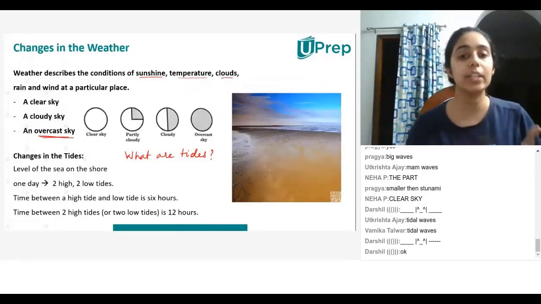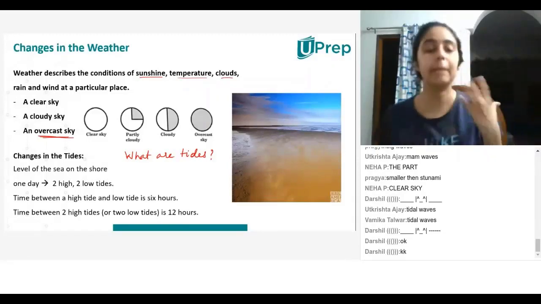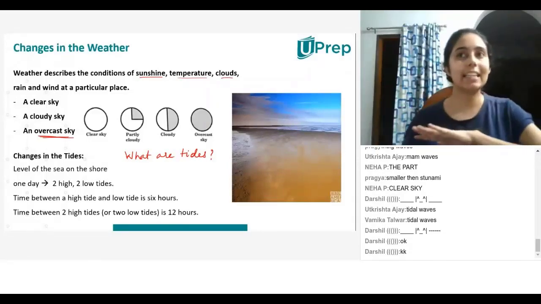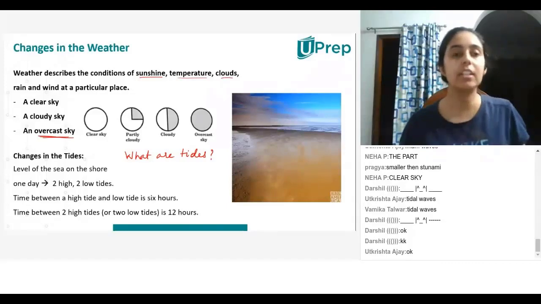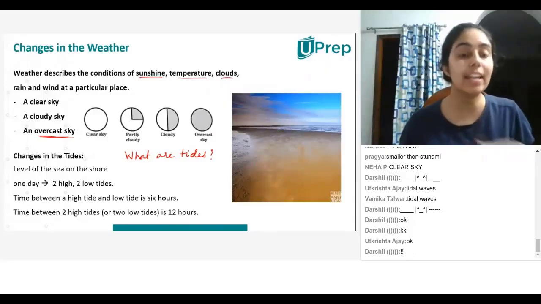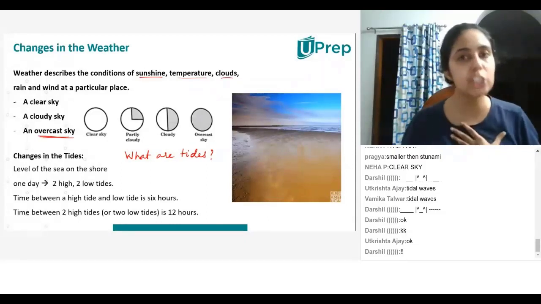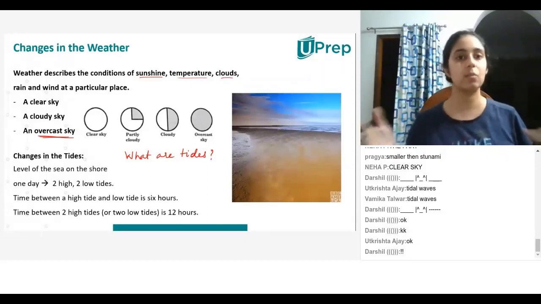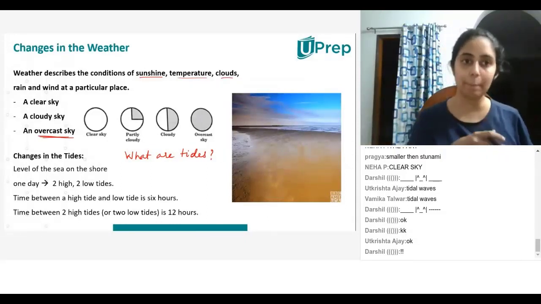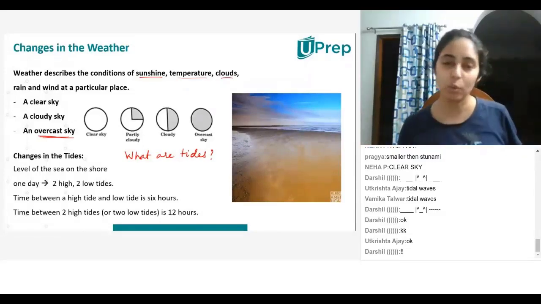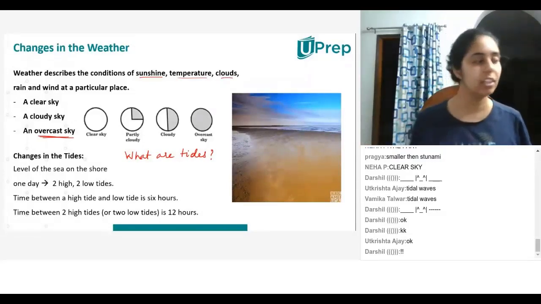And what tide basically means is the amount of water, or the amount of shore that is covered by the water. For example, if I am on the beach and I put all my things at one place, and I'm like, okay, the water is not going to reach up to this point, so I'm good to go.